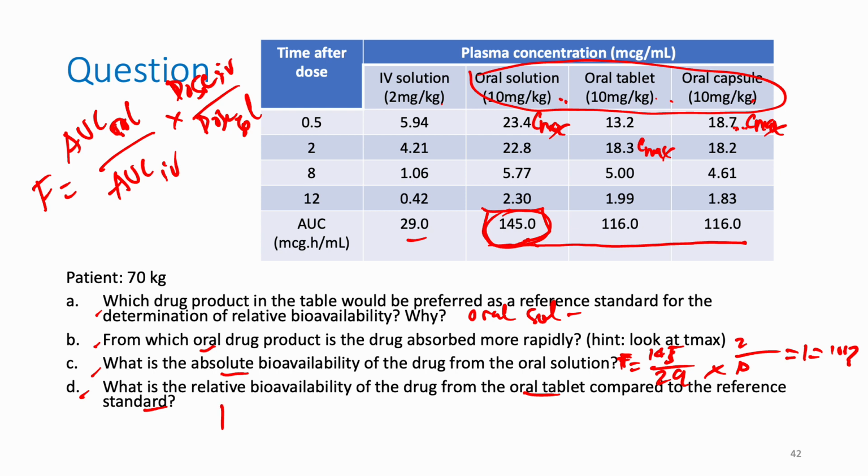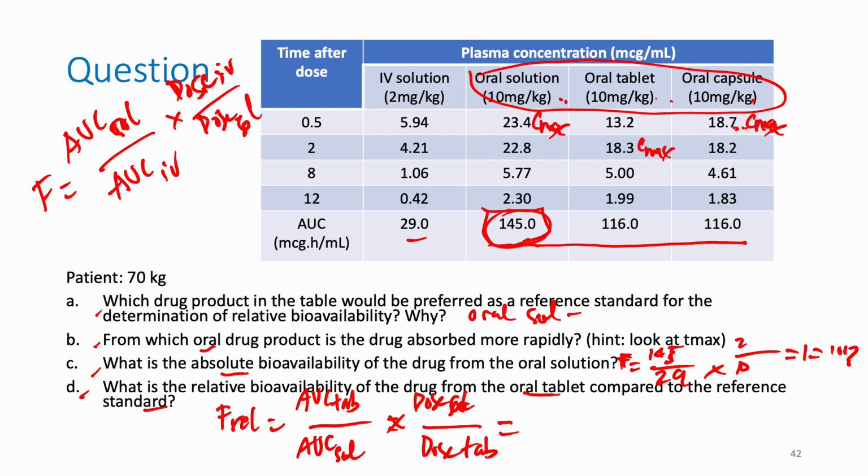We know that F relative is the AUC of the tablet, which is the test you want to know, over the AUC of the reference, which is the oral solution, times the dose of the oral solution divided by the dose of the tablet.